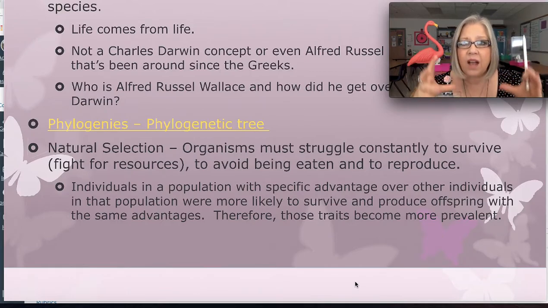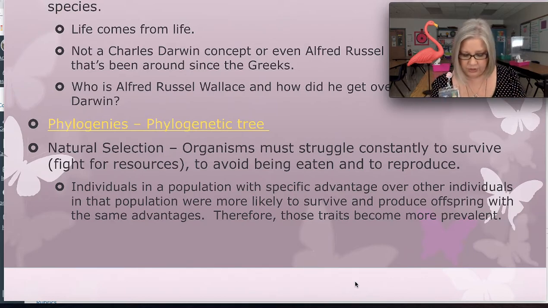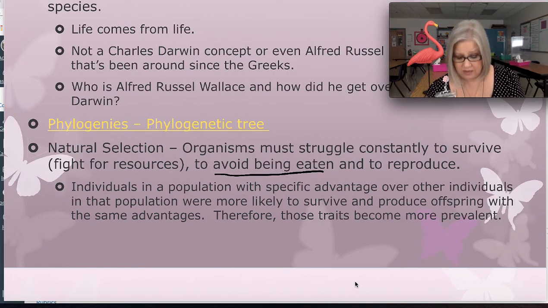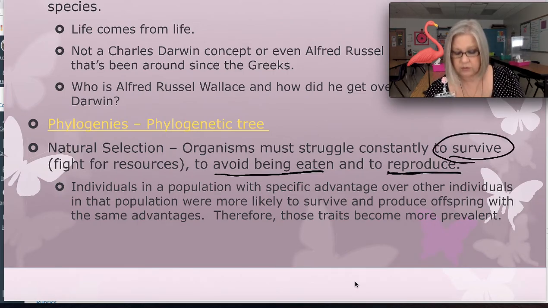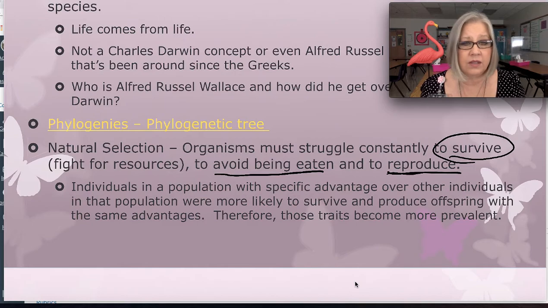The main concept of evolution is natural selection, all right? It has to do with whether we eat, we are being eaten, and we reproduce, all right? So it's about survival, right? That's what natural selection is about, and that organisms are under a constant struggle to do this.